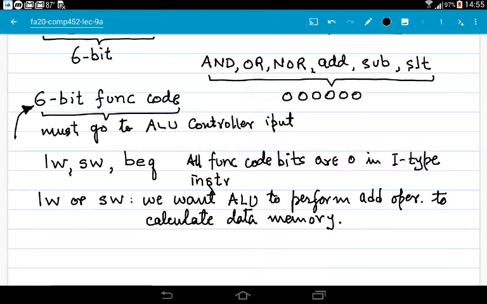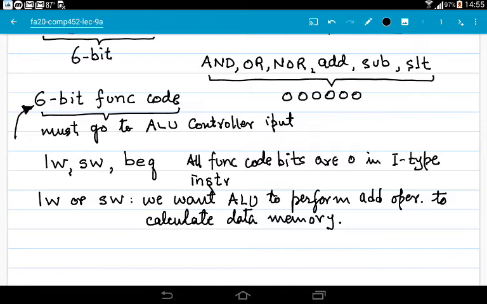If it's a load word instruction, we need to calculate the address of the memory location from where we want to read data, and for store word we want to calculate the address of the memory location in data memory where we want to write the value of a register.